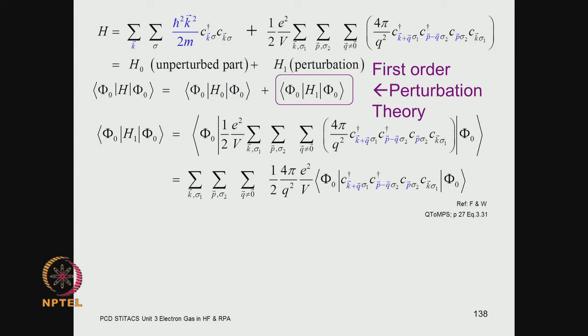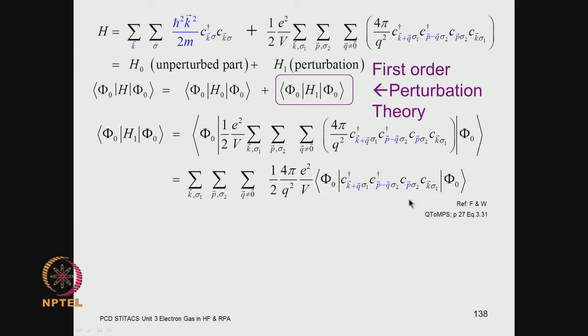Now, there are two destruction operators over here, c_p and c_k, and two creation operators, c†_{p-q} and c†_{k+q}. Certainly you will get a 0 when you operate by c_k on this, unless the kth state is already occupied, which can be the case only if it is at or below the Fermi level, not otherwise. Same thing over here.